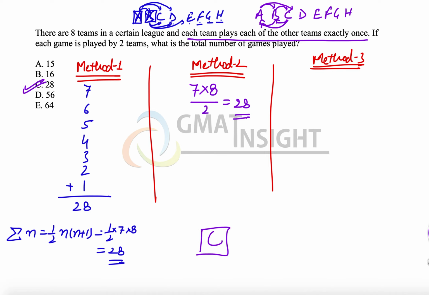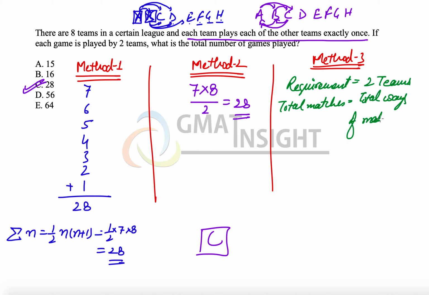But now let's look at method 3 as well. What method 3 says is that for one match to happen, what is the requirement? The requirement is 2 teams, because when 2 teams come together, they cause one match to happen, which means the total number of matches will be equal to the total ways of making different groups of 2 teams.